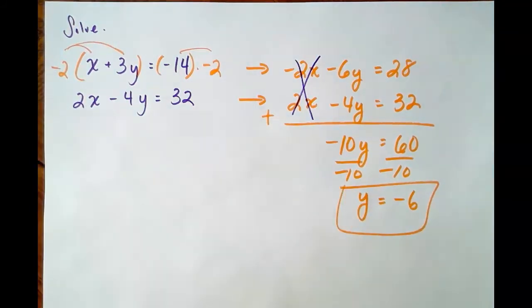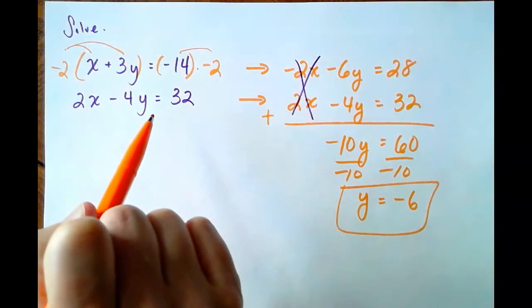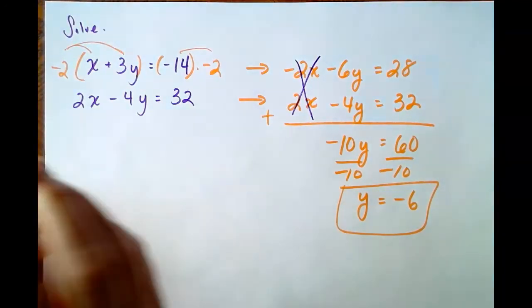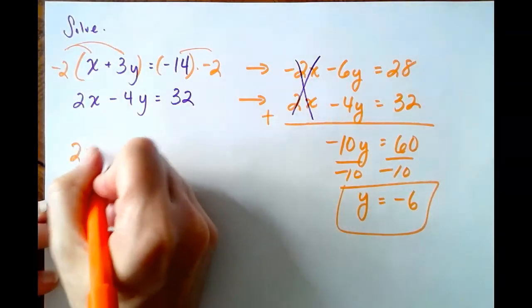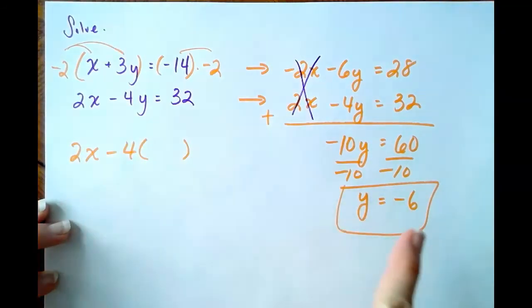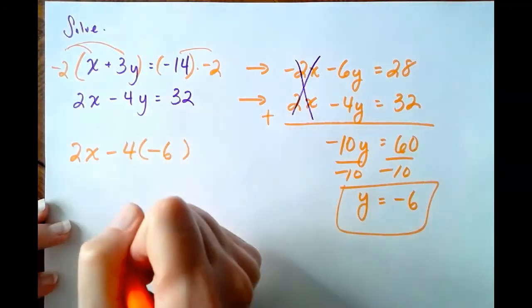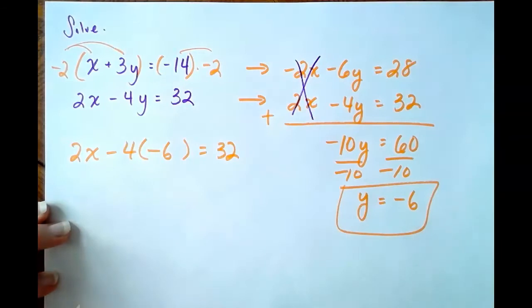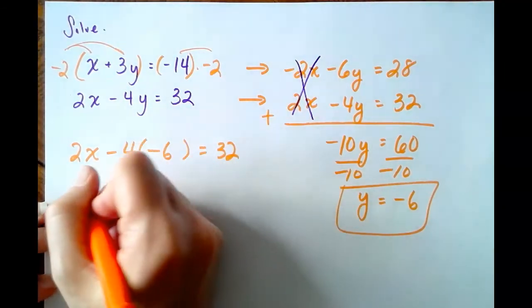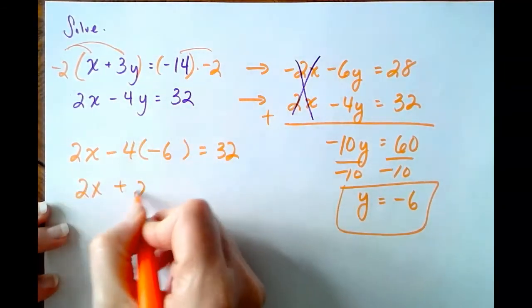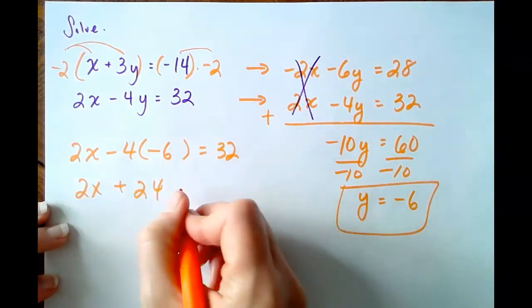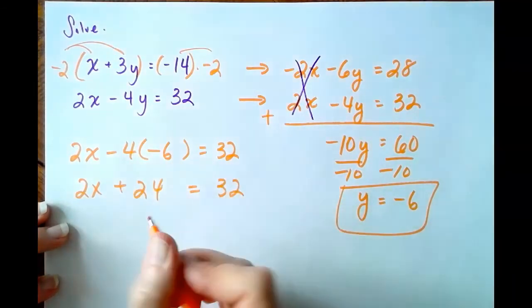So there's our y. Let's plug it back in. Remember, you can plug it in the top or the bottom equation. It doesn't matter. I'll go with the bottom. 2 times x minus 4 times y, which is negative 6, equals 32. So 2x plus 24, I'm multiplying because of order of operations here.